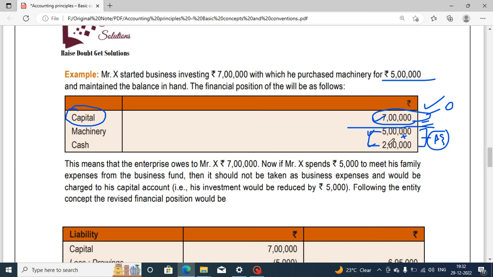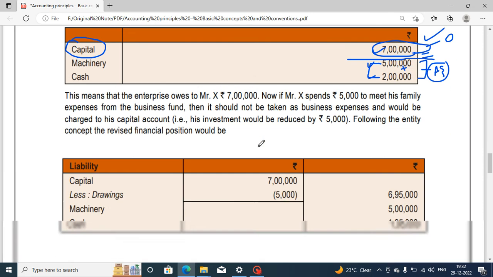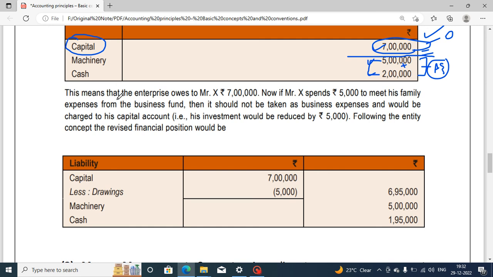Okay, so let's take another example. This means that the enterprise owes Mr. X rupees 7 lakh. Now, if Mr. X spends 5,000 to meet his family expenses from the business fund, then it should not be taken as business expenses and would be charged to his capital account. His investment would be reduced by 5,000.